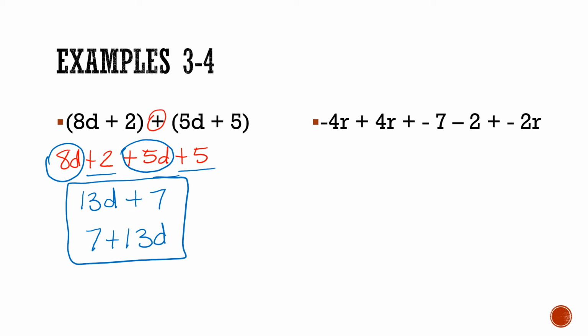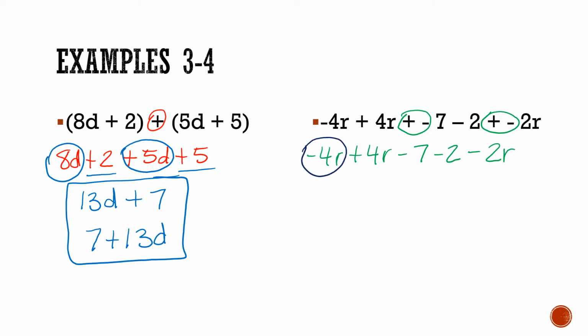In number 4, you do have socks that you need to take care of here first. So that's going to be negative 4R plus 4R. Those are not matching socks, so minus 7, minus 2. Not matching socks again, so minus 2R. So we're going to combine the like terms that have that variable R. So negative 4 plus 4.